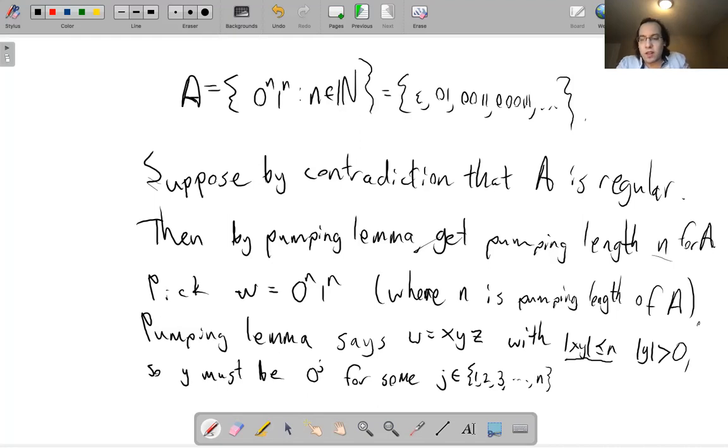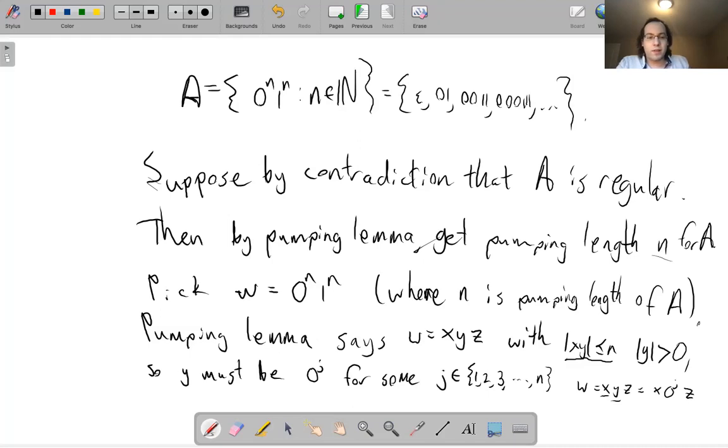Remember that W is x, y, z. So x is an all 0 string, y is 0 to the j, and this is x 0 to the j z, where j is not 0.